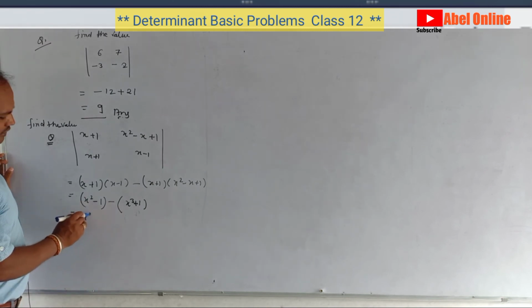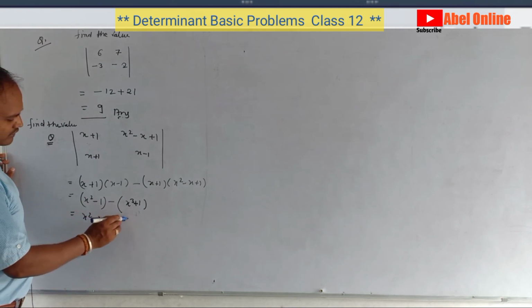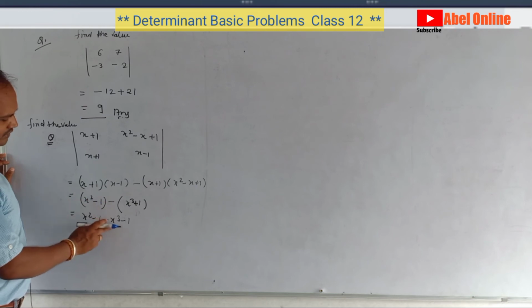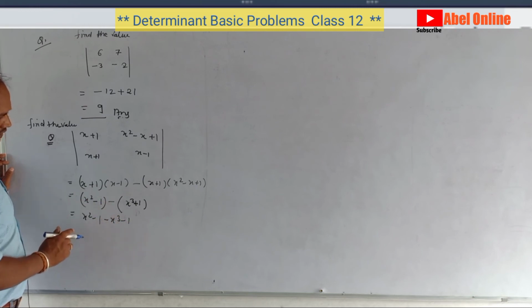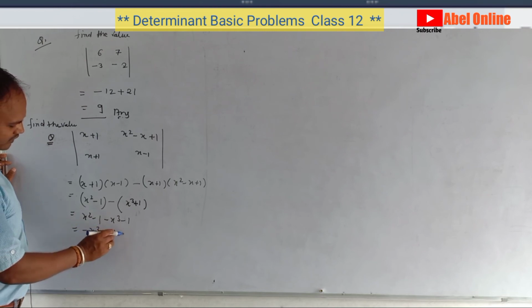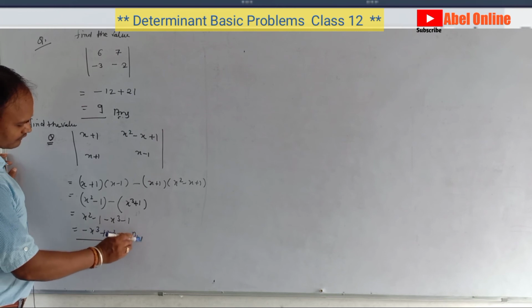So x square minus 1 minus x cube minus 1 gives minus x cube plus x square minus 2, which is your answer.